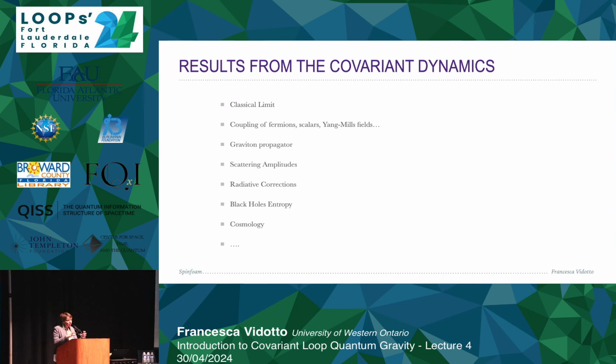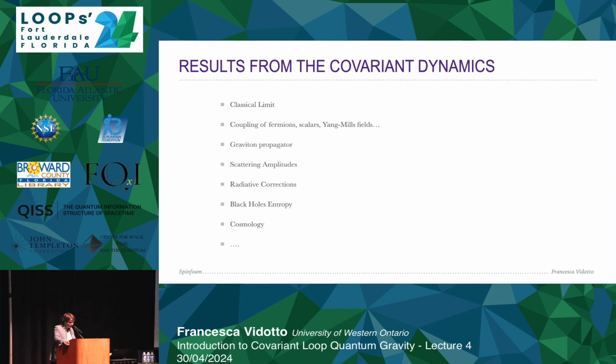You can put them in as a contribution to your final amplitudes, and something that we will see in cosmology, for instance in a recent work by Dongxu Wu, Muxin Han and myself and many collaborators. We have used this coupling with matter for cosmology to describe a bounce in spin foam. So it's possible to couple matter.